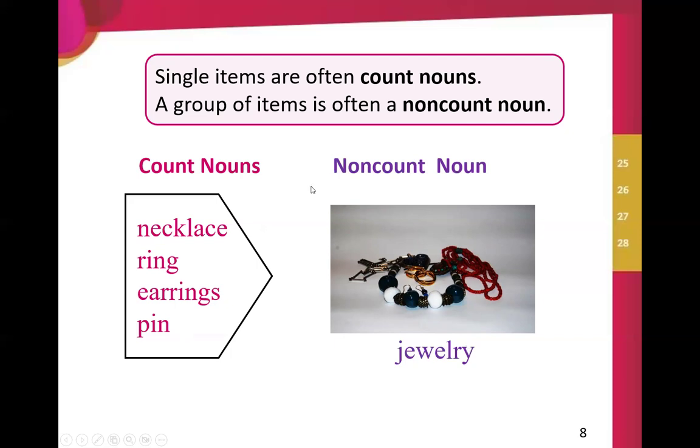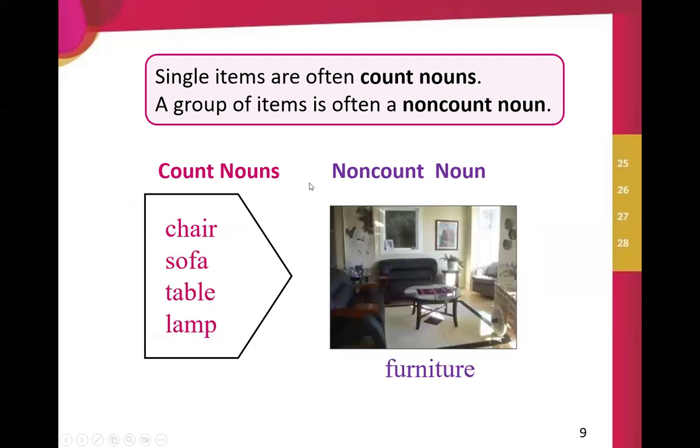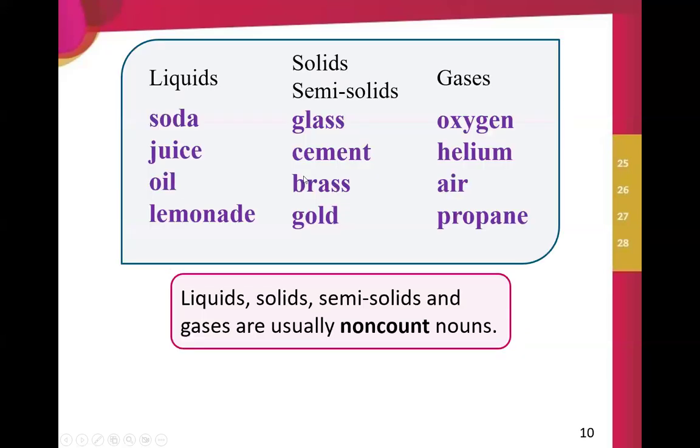Also, chair, sofa, table, lamp. These are pieces of furniture, but we cannot say furnitures. Furniture, this word is an uncountable noun. We deal with it as a singular. We say furniture is. Also information is. Do you understand the difference between countable and uncountable nouns?